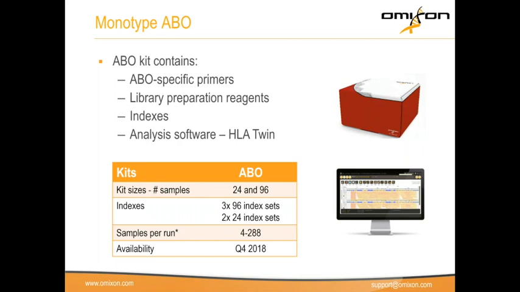The kits exist in two configurations for analysis of 24 samples or 96 samples. There are multiple index plates of multiple configurations that allow one to run up to 288 samples per run. And the kit has been available since Q4 of 2018, so for about a year now.